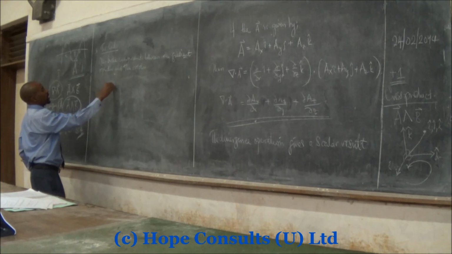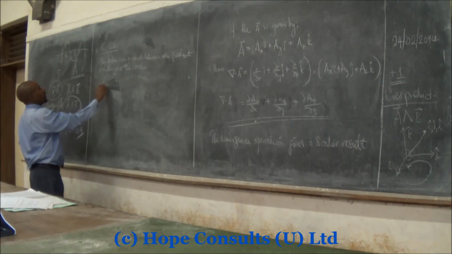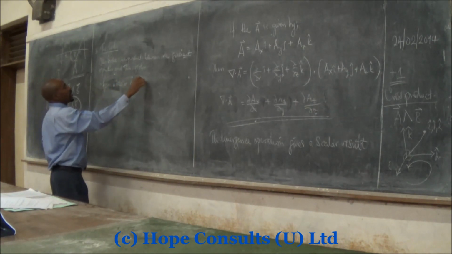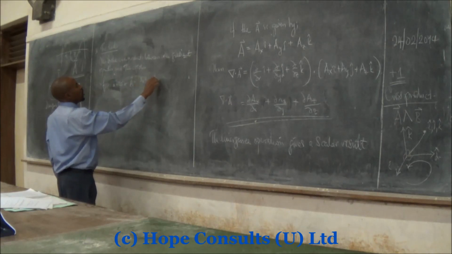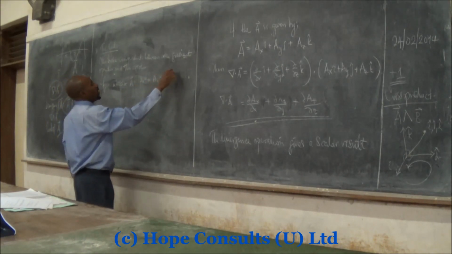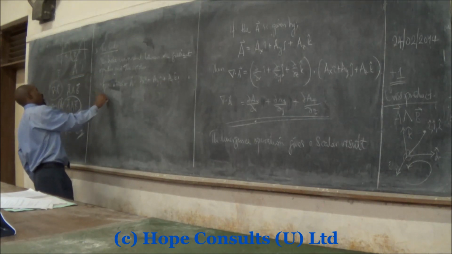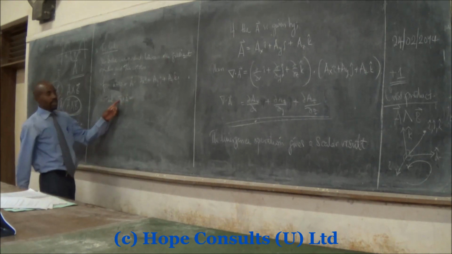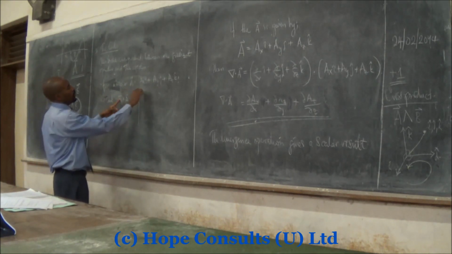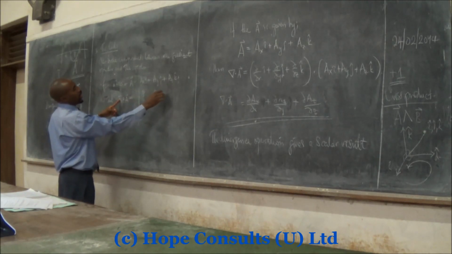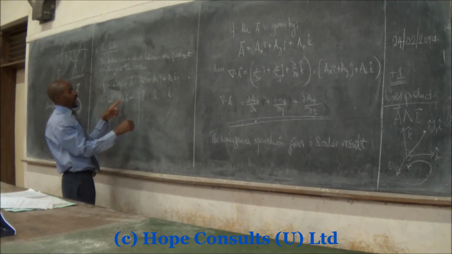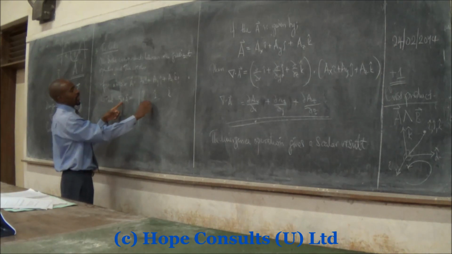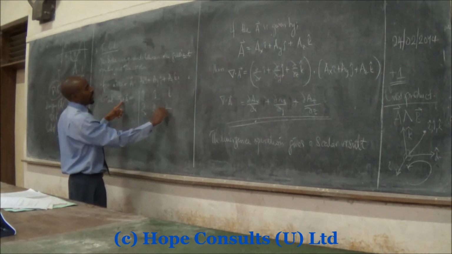So the curl for a vector A equal to Ax i plus Ay j plus Az k, the cross product between the del operator and A would be along i, j, k. I start with the components of the del operator, ∂/∂x, ∂/∂y, ∂/∂z.